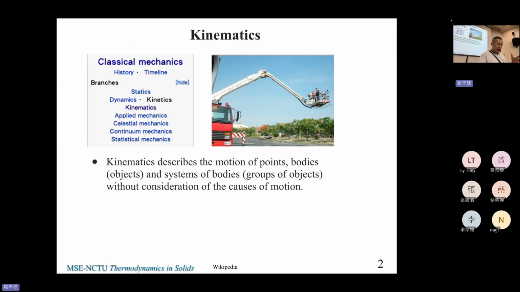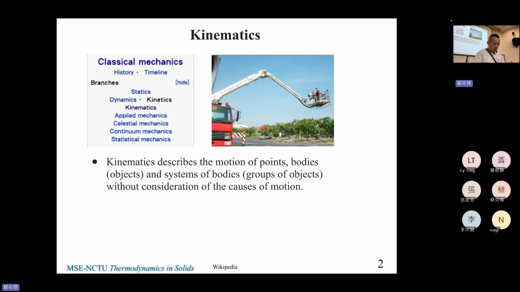I understood this when I was studying in the UK, England. My supervisor told me kinematics is actually not related to motion, it is related to position. Kinematics describes the motion of points and bodies without considering the cause of motion.